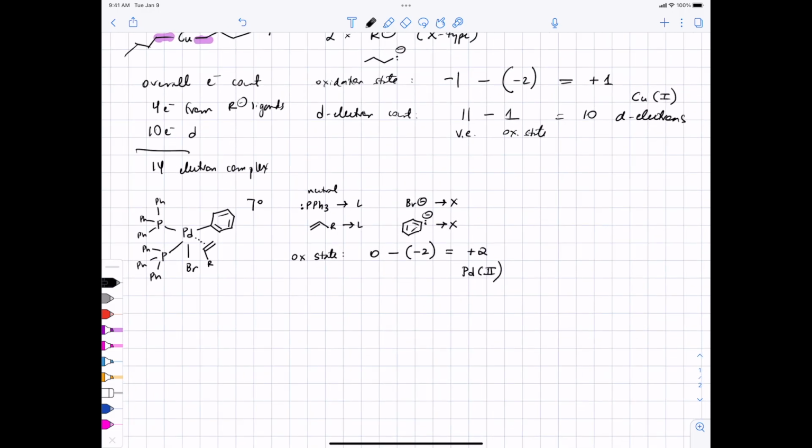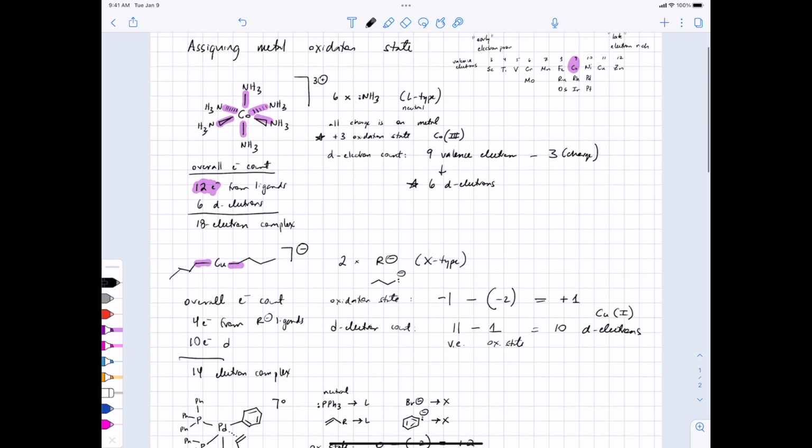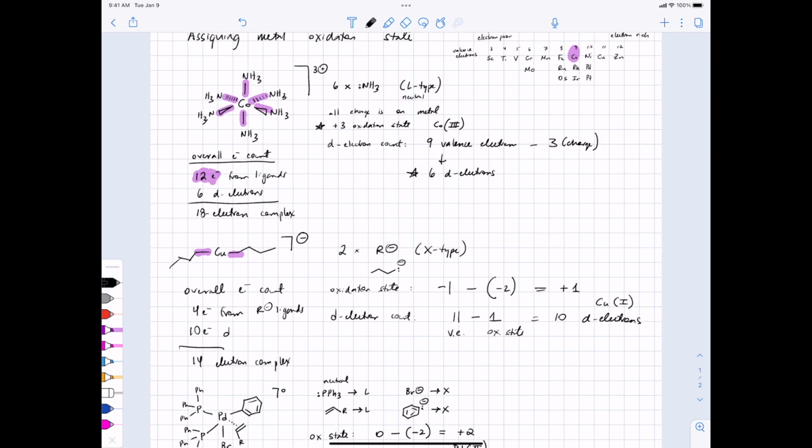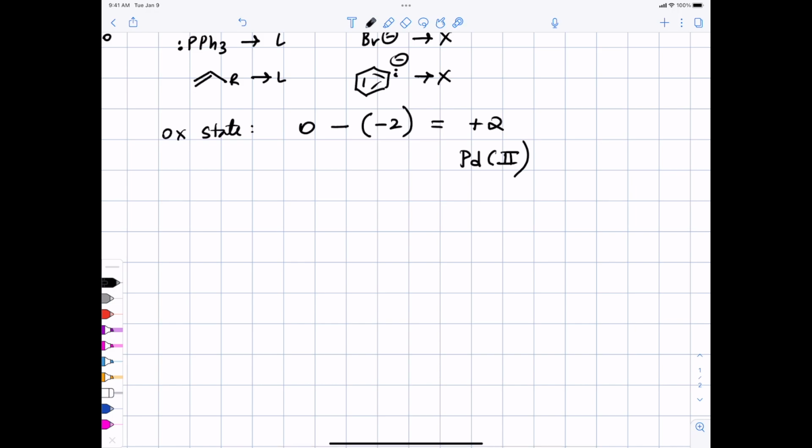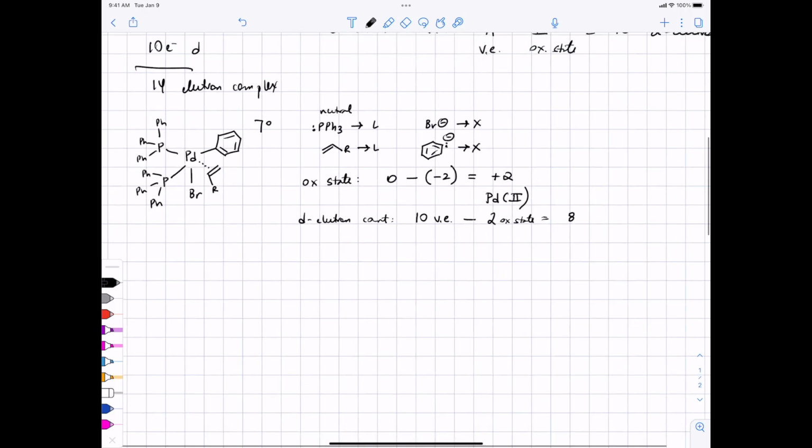Now we can determine how many d electrons palladium has by looking at the table. Palladium has 10 valence electrons. D electron count: 10 valence electrons, but we have to subtract 2 for the oxidation state to give us 8 d electrons.